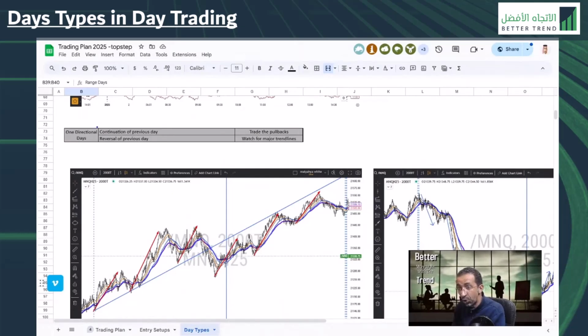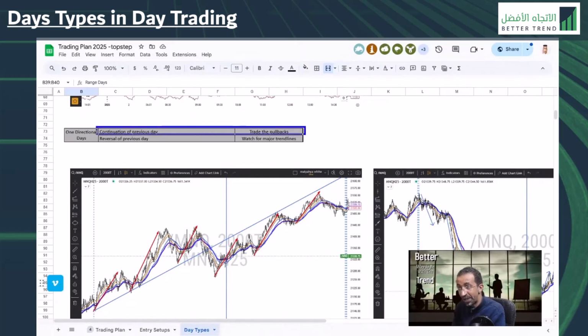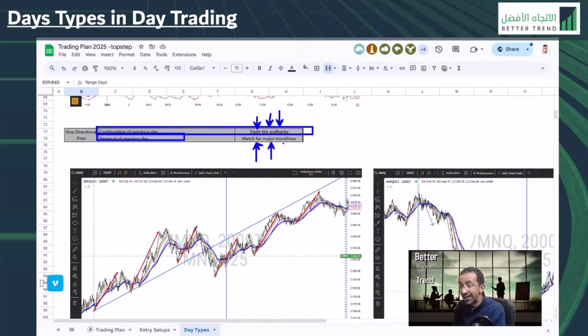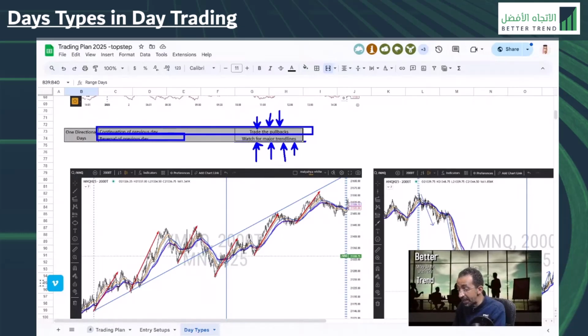So there are two situations you have to differentiate between. If it is a continuation of the previous day, trade the pullback. If it is a reversal of the previous day, watch for the major trend line. If that trend line is broken, stay away from the new trend.